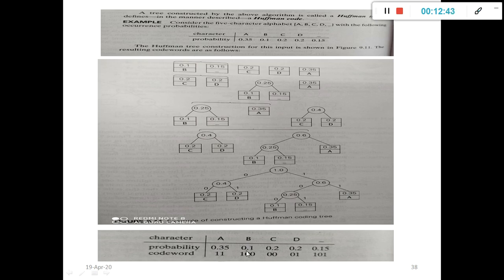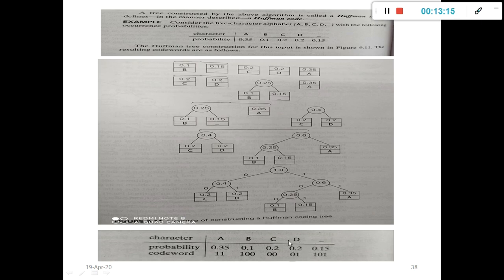Similarly, the code word for character B is found by following the path from the root node to that character. That is, the code word for character B starts from the root: 1, 0 and 0. This is the code word for character B. Similarly, the code word for character C is found by following the path from the root to that character. That's why the code word for character C is 0 and 0.